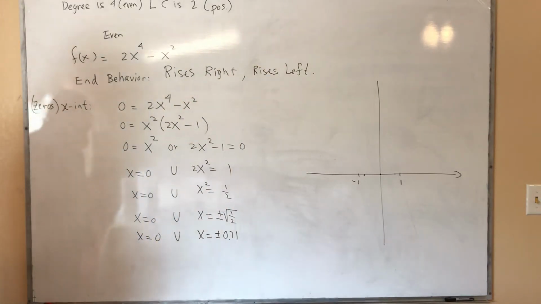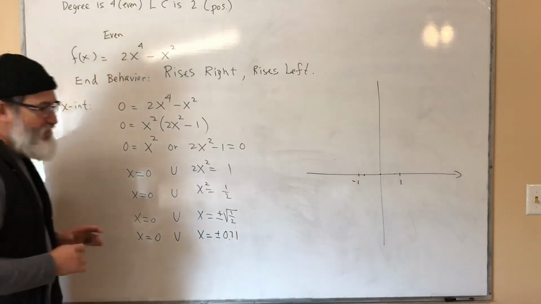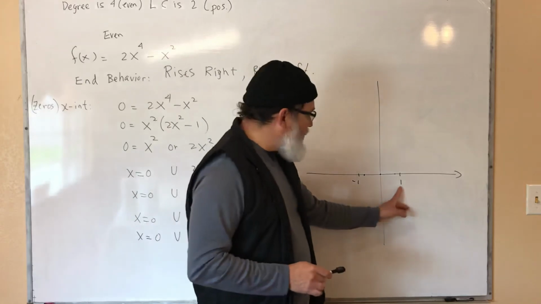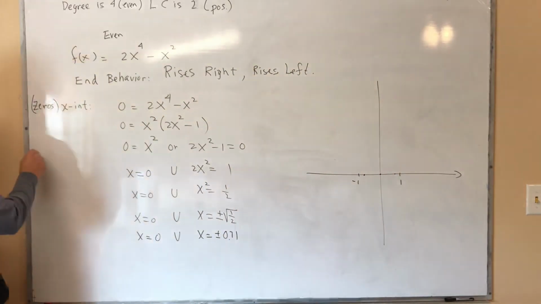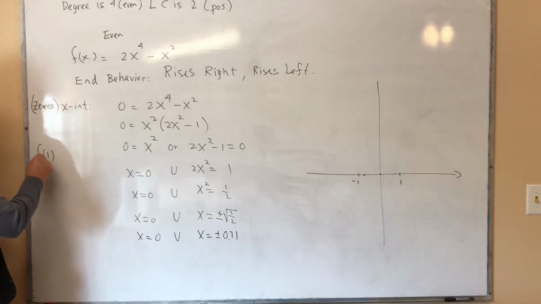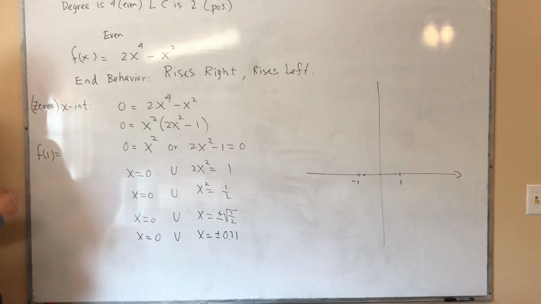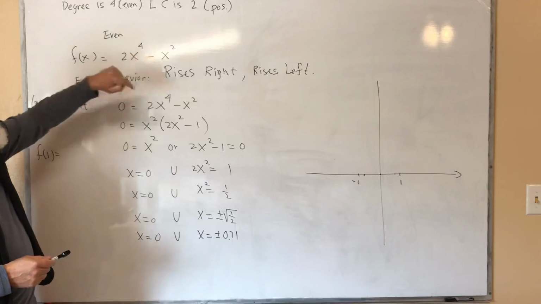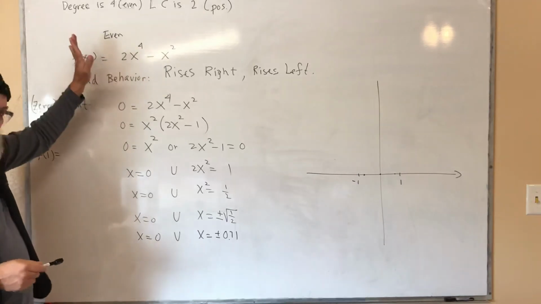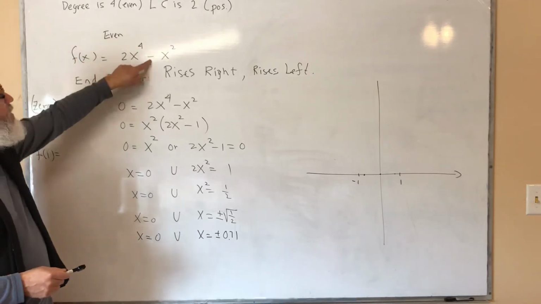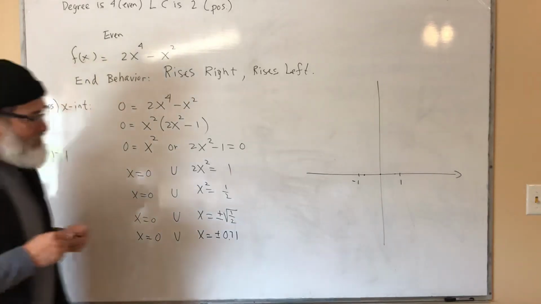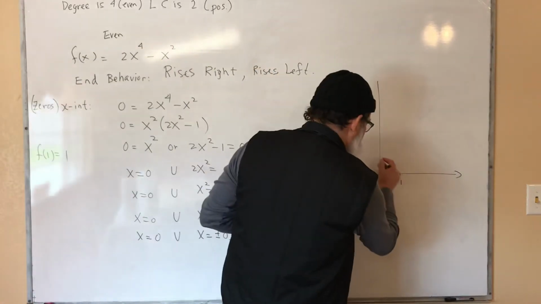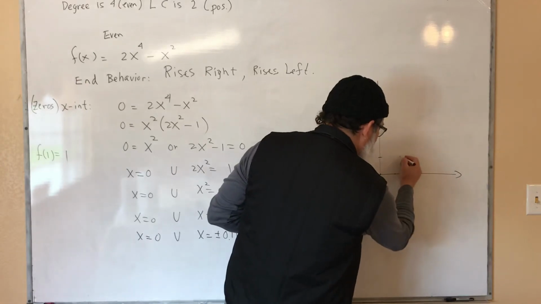So what's going to happen? You can plug in x equals 1 into the function. Watch what happens. What's 1 to the fourth? 1. What's 1 times 2? 2. What's 2 minus 1? 1. So at x equals 1, we get 1.